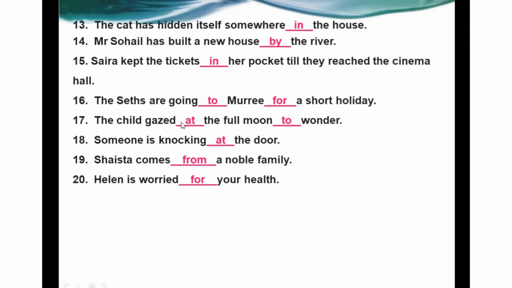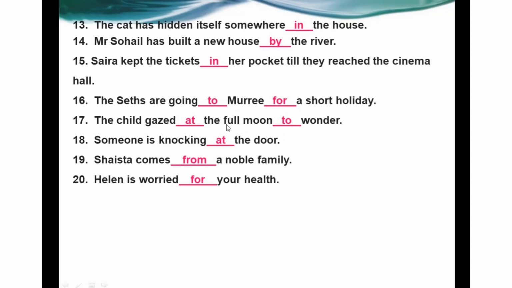Clear? Okay, now let's come to number 17. Number 17 states: the child gazed dash the full moon dash wonder. Now why is this kid staring at the moon?